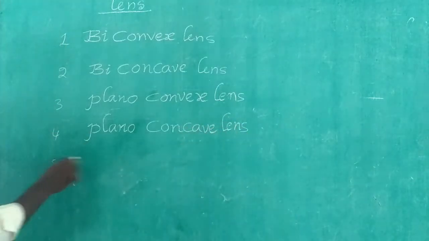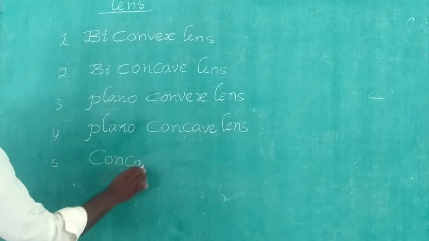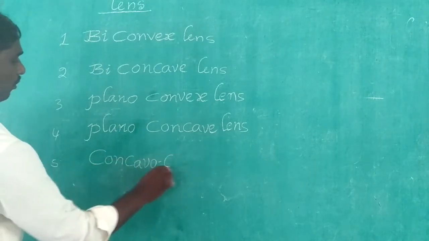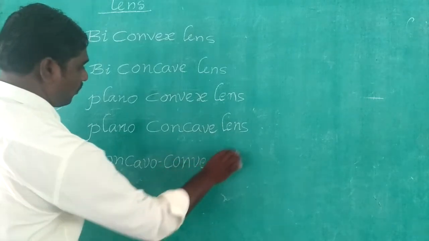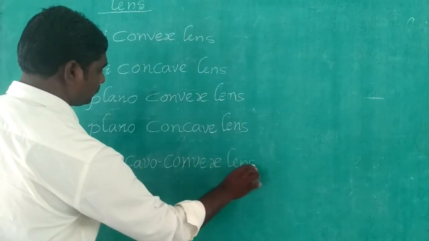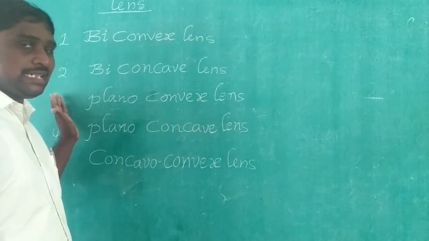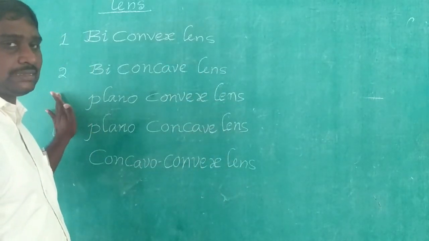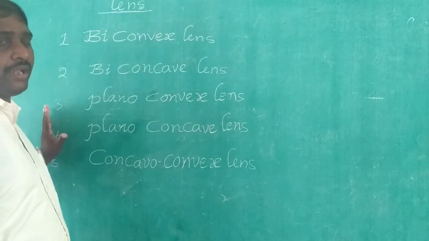And the fifth one is the concave convex lens. Okay, students, in our 10th standard physical science, there are 5 types of lens.